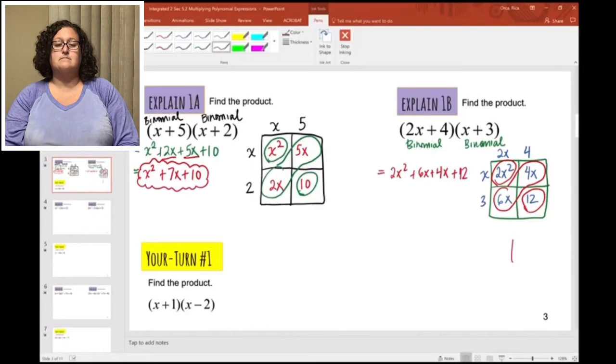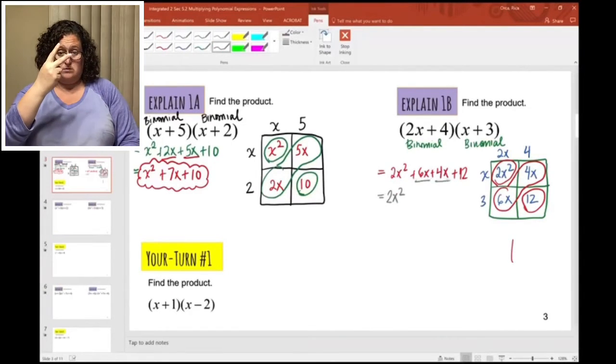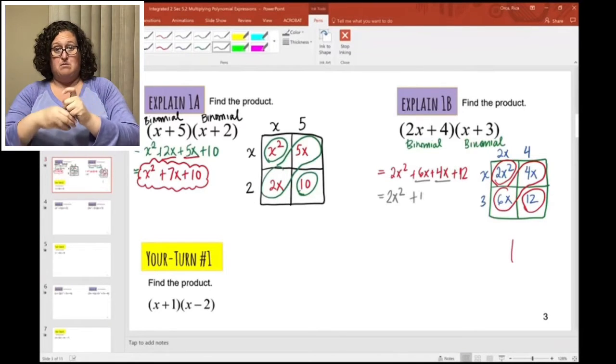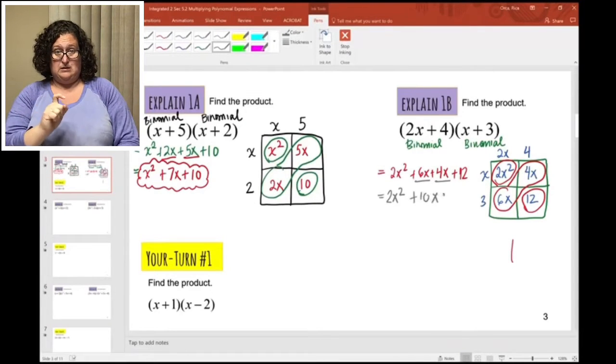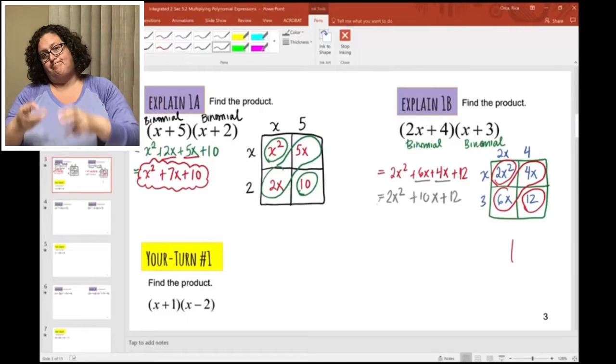Okay, let's keep going. So we have 2x squared. 6x plus 4x is 10x. And plus 12. That's our final answer.